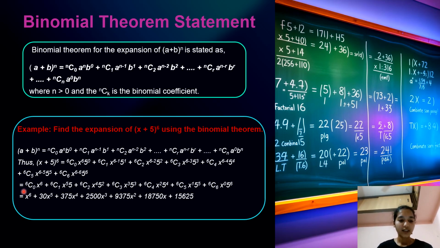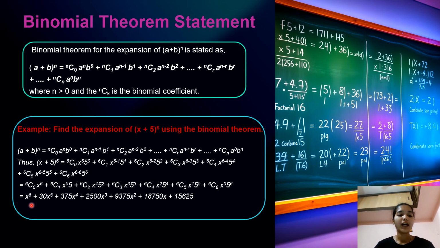So we'll get the answer as 6C0 x^6 + 6C1 x^5 5 + 6C2 x^4 5^2 + 6C3 x^3 5^3 + 6C4 x^2 5^4 + 6C5 x^1 5^5 + 6C6 x^0 5^6.